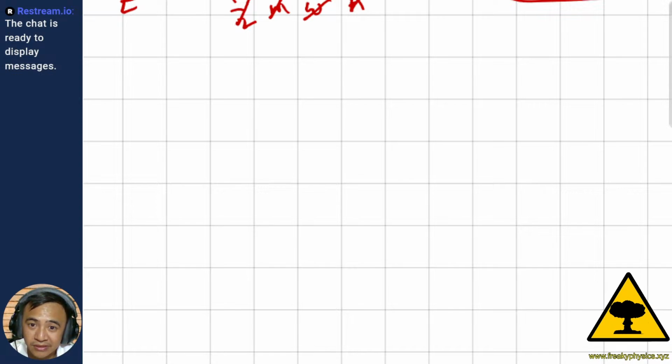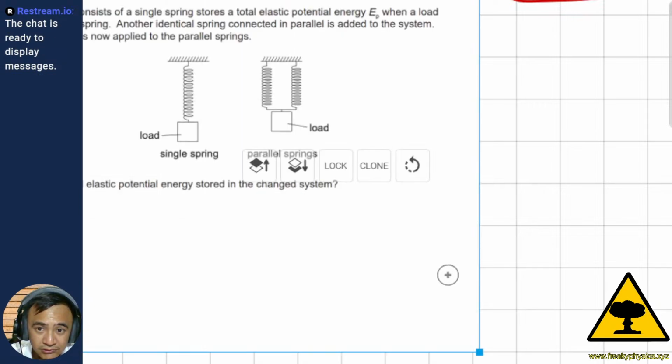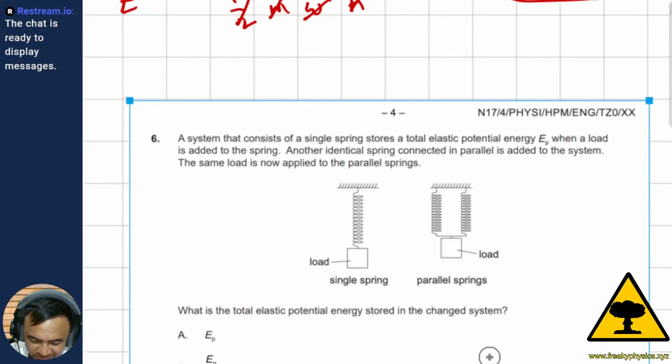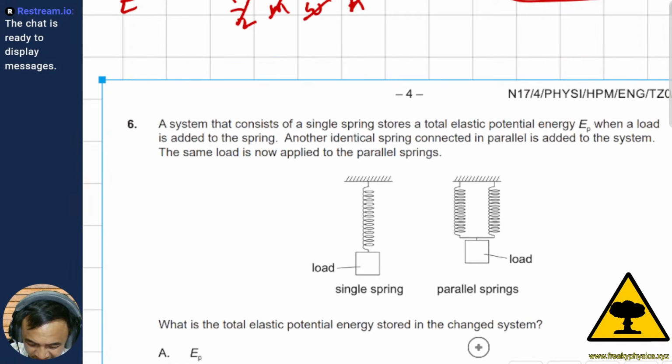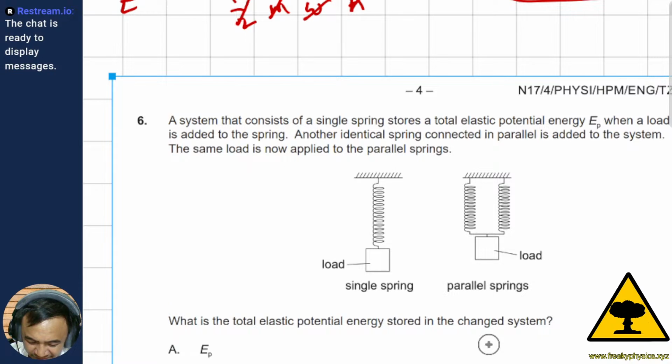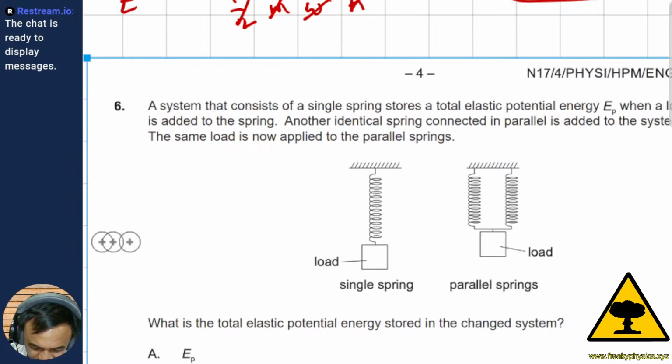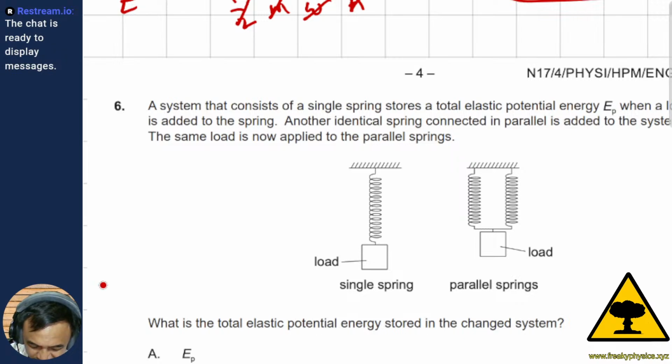Okay, let's do this one. Here's the idea now. The first system is a single spring. The second system is parallel springs. Same load is applied to both. What's the total elastic energy in the changed system?